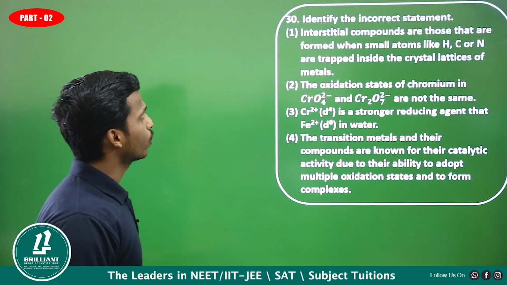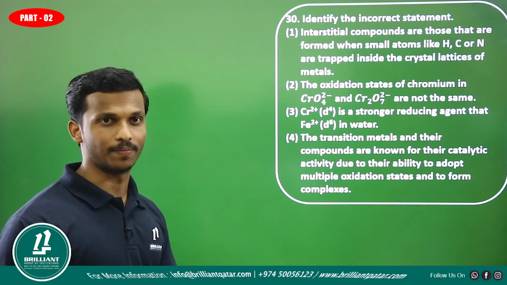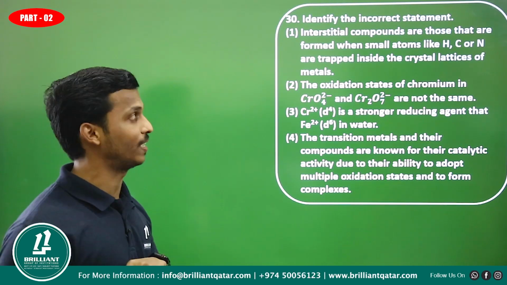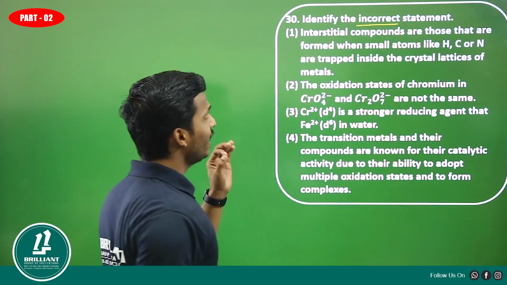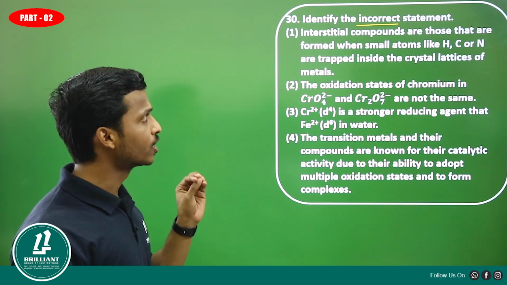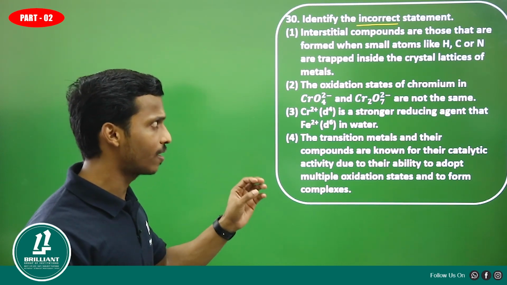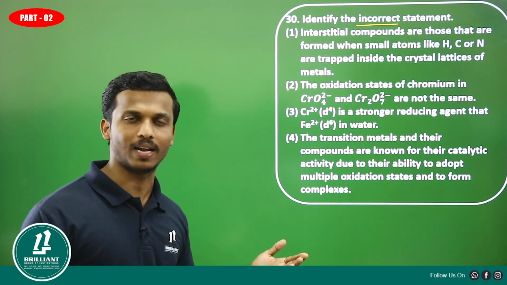Now here we have question number 30. Identify the incorrect statement. What is the first statement given? Interstitial compounds are those that are formed when small atoms like hydrogen, carbon or nitrogen are trapped inside the crystal lattice of a metal. Yes or no?